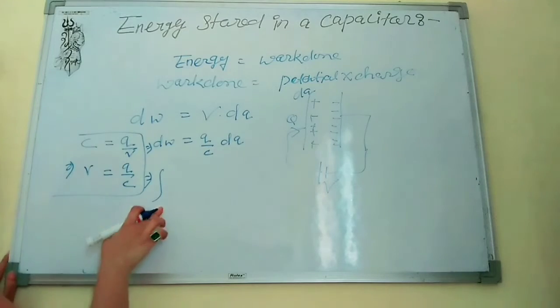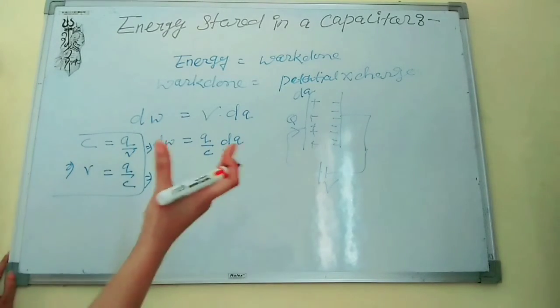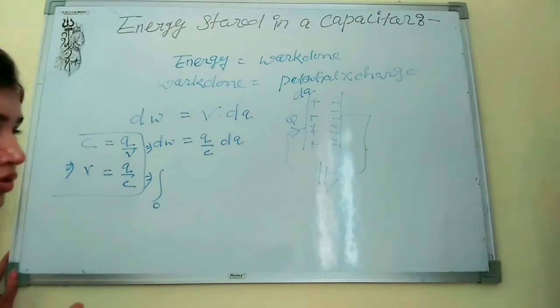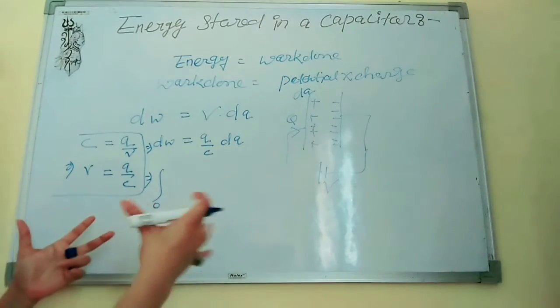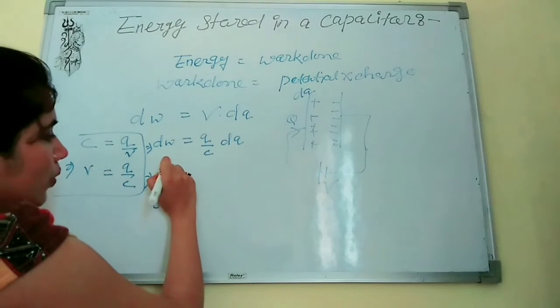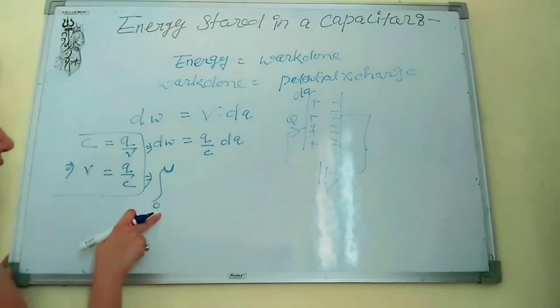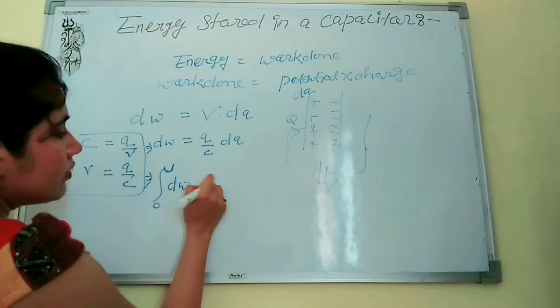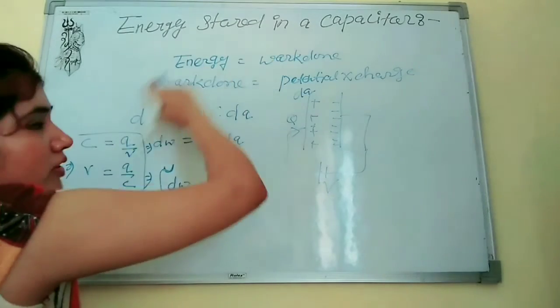And what is the integration? Work done is just the stored energy. Initially the energy will be 0 and then it will get stored here. So the final energy is U. So the limit will go from 0 to U. And that is our work done, because work done is always energy.